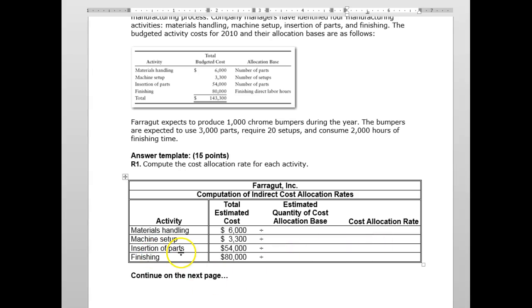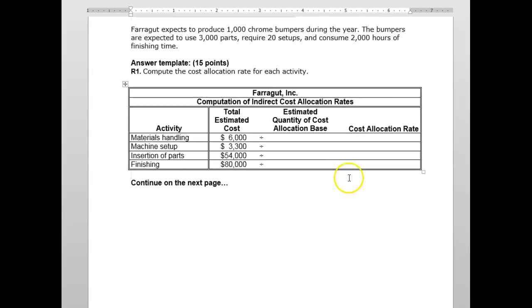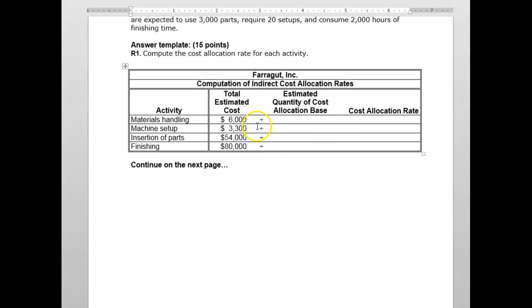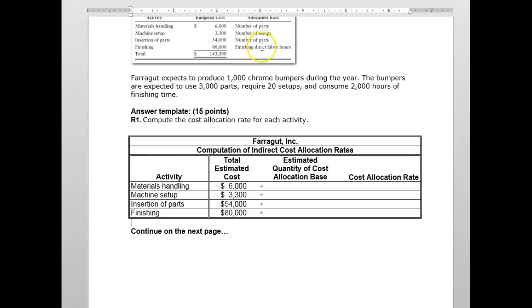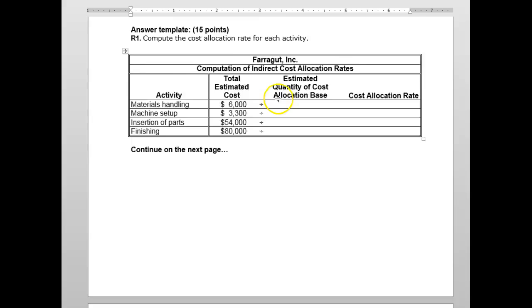You will take insertion points, 54,000, and divide that by 3,000, because these two have the same allocation base, and come up with $18 per part. And finally, you'll take the finishing. There's 2,000 hours, and it'll be $40 an hour. So that gives you the allocation rates. Got that? Remember, each of these is divided by its appropriate allocation base.